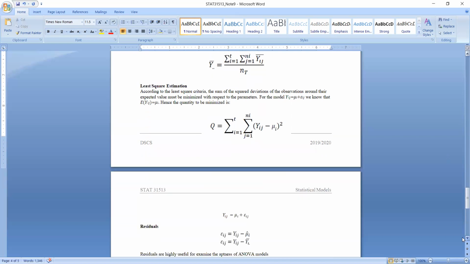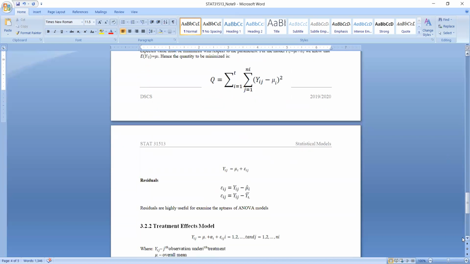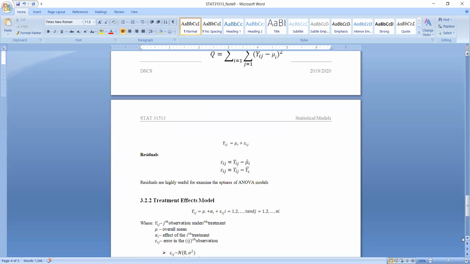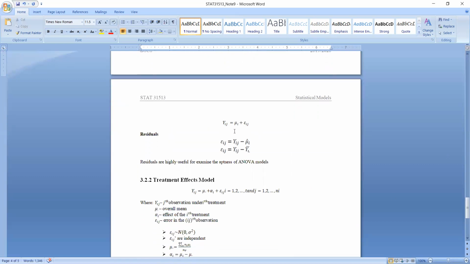And when you minimize that, you can find the least square estimates for the ANOVA, right? And if you want to find an estimate value for these errors, you can take Yij minus mu i hat. So mu i means the treatment mean.